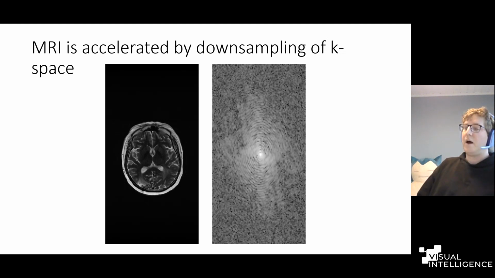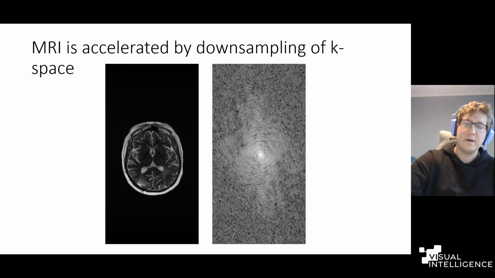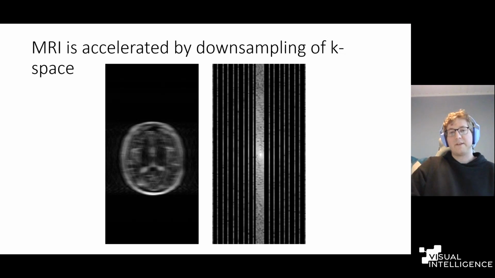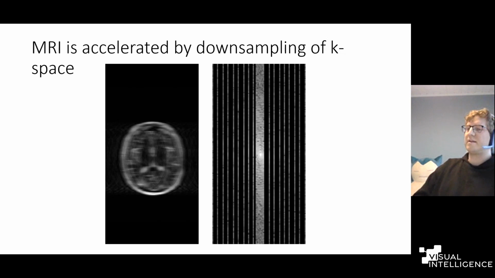If you sample half of k-space, you accelerate the scan twofold, or it goes twice as fast. For example, you can do it by removing lines like this. In this case, you have, I think, 1/8 of the total signal, and the scan will therefore be 8 times accelerated, or go 8 times as fast.